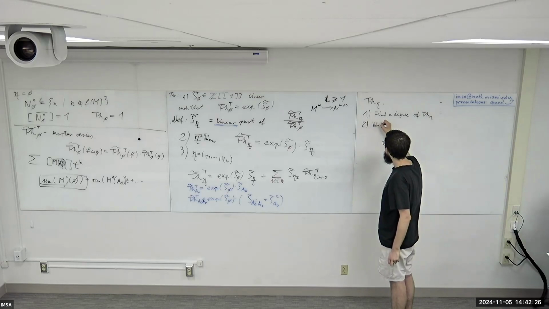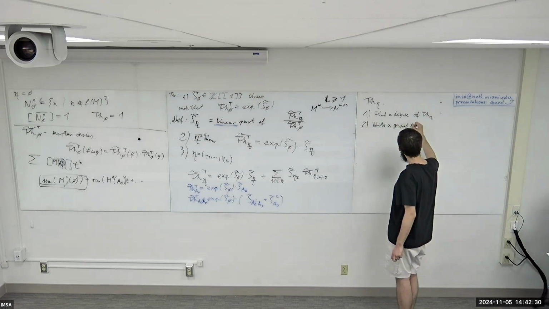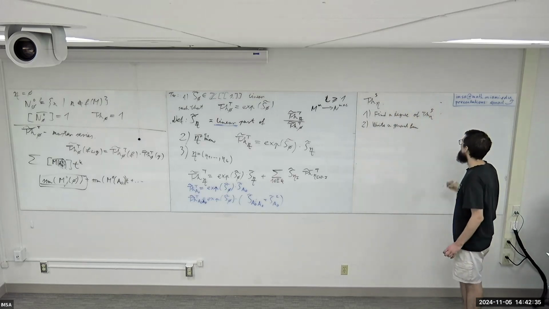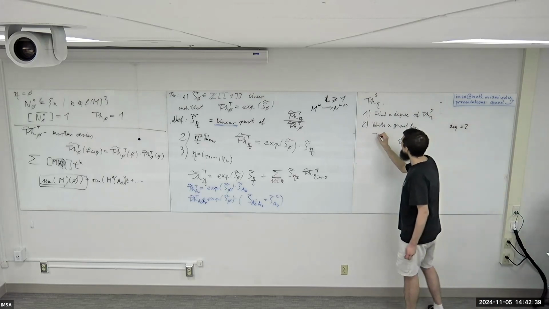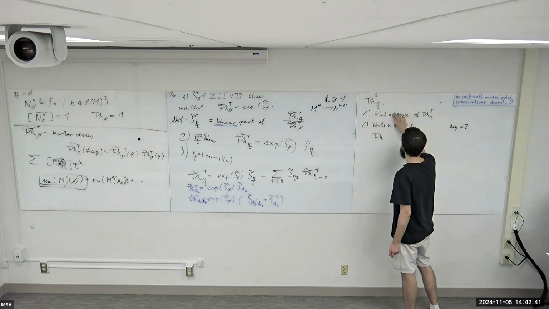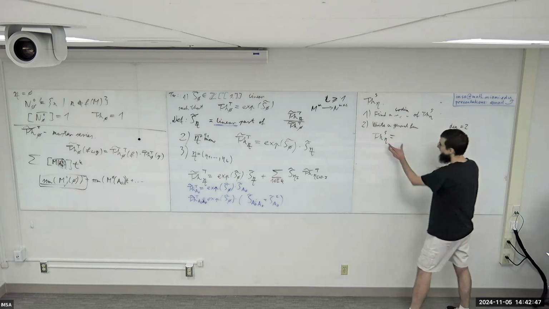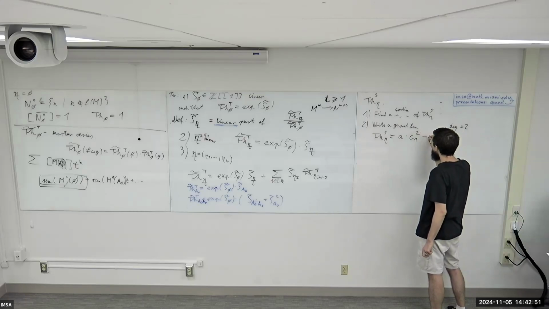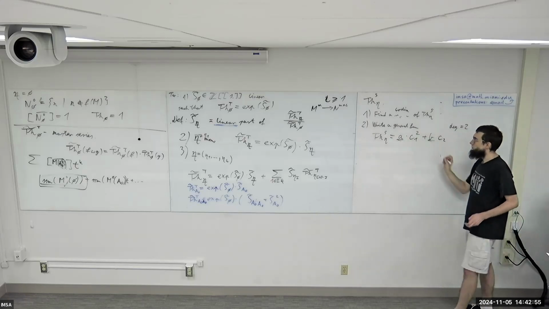Then write the general form. For example, if the degree is equal to the codimension, then every such polynomial is a times c1 squared plus b times c2. And we only need to compute these two coefficients.